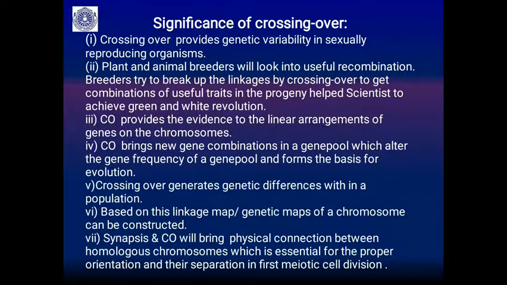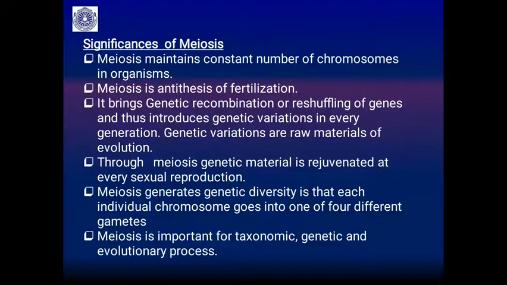Synapsis and crossing over bring about physical connection between the homologous chromosomes, which is essential for the proper orientation and their separation in the first meiotic cell division. So, the significances of meiosis are almost the same as those of crossing over.